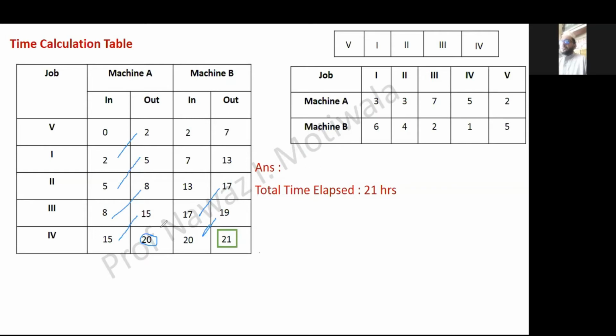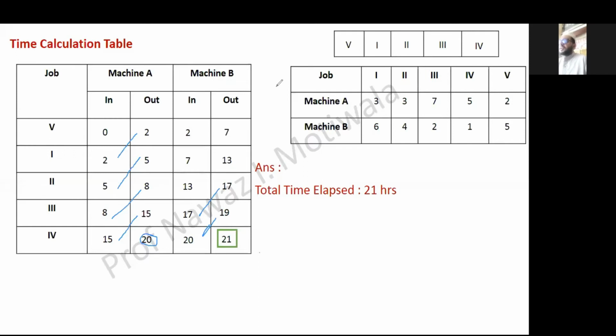But you can see the total completion time of machine 1 was 20 and the total completion time for all the jobs is 21. So though it has been completed at 20, it will remain idle for this many hours. That means 21 minus 20, so 1 hour will be the idle time for machine A.